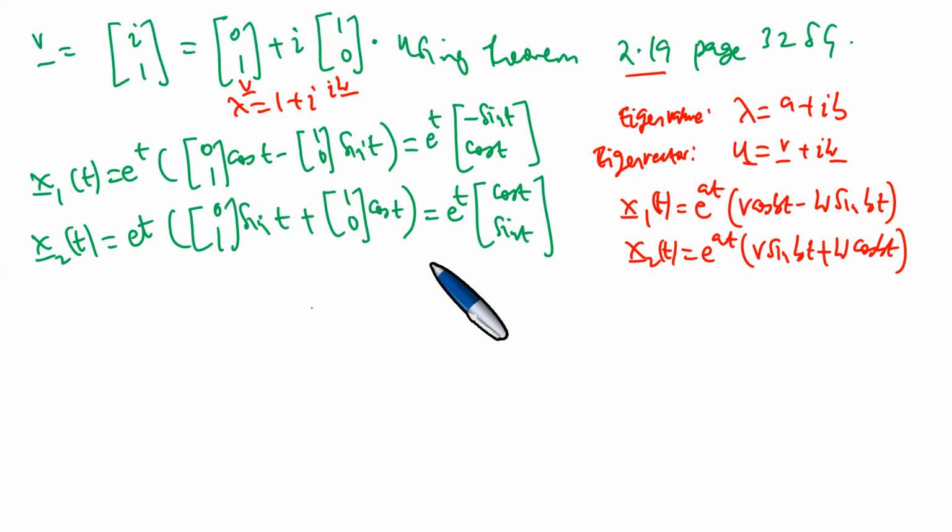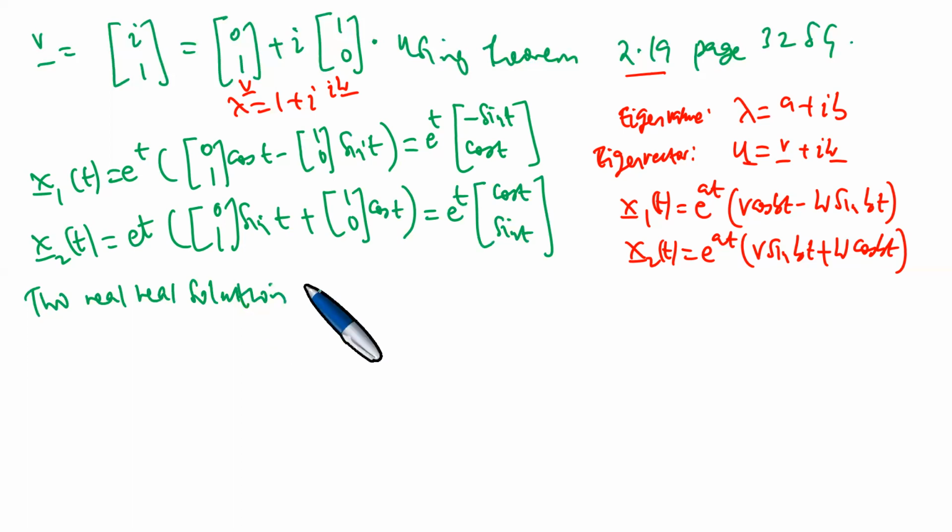Right, so you have this. From this we say two real solutions. Two real solutions are as follows. What are they?